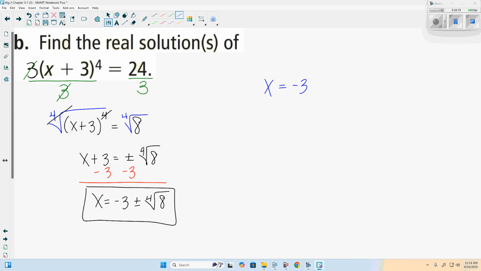I'll have to fix that. Yeah, because that would have been 4 plus or minus the fourth root of 24.